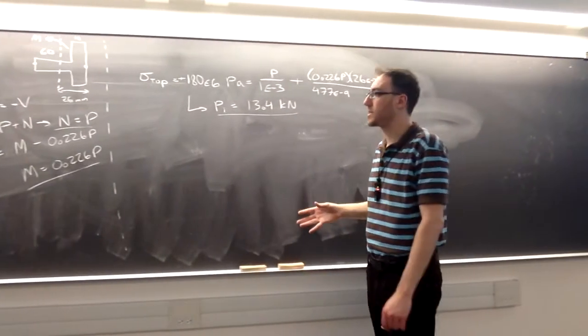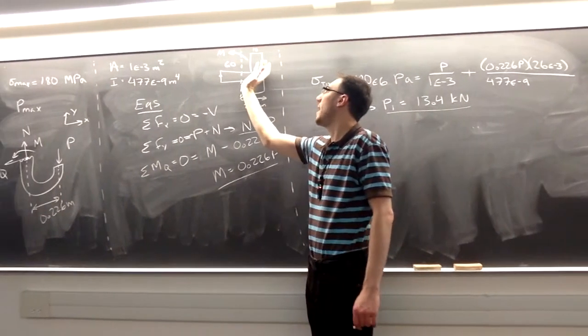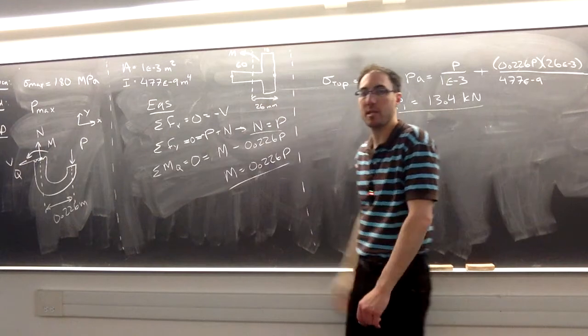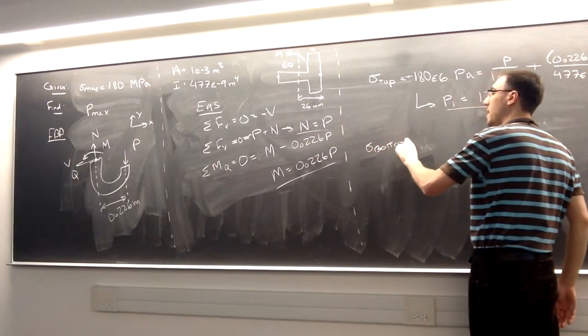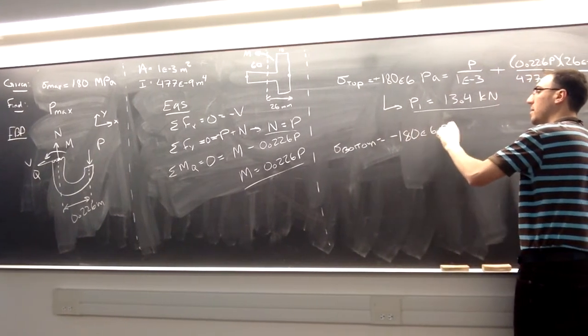But again, we also have to consider that the other side could fail in compression because M is going to cause a tension to the right of the neutral axis, but a compression to the left of the neutral axis. So our fear at the bottom is that it fails in compression at negative 180 megapascals.